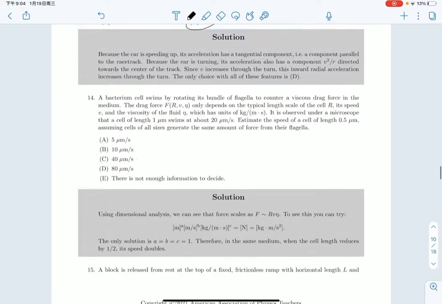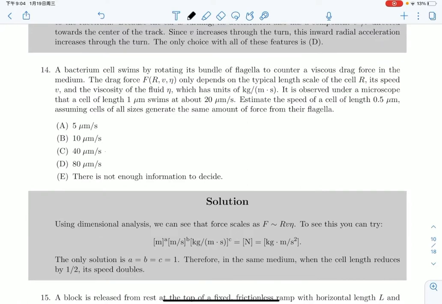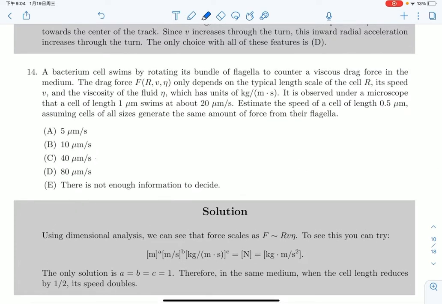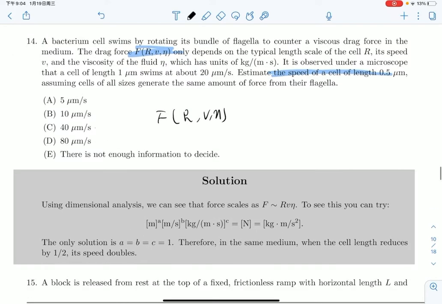And for 14, you will need to use dimensional analysis. So first, it's stated that the drag force is a function of r, v, and eta. And you assume the drag force is constant over here.